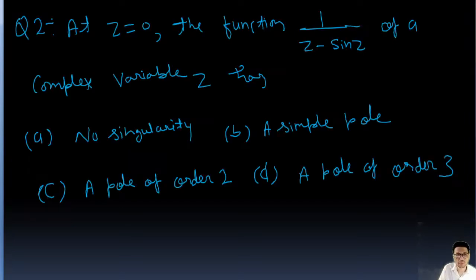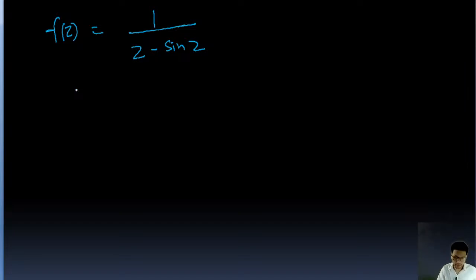I'll solve it now. So we have been given this function, f(z) that is 1 upon z minus sin z.